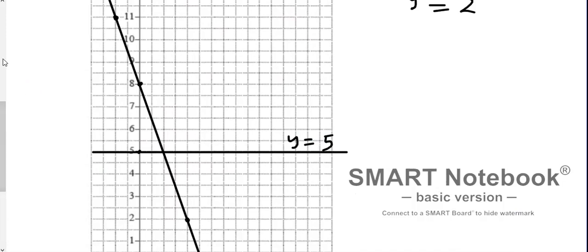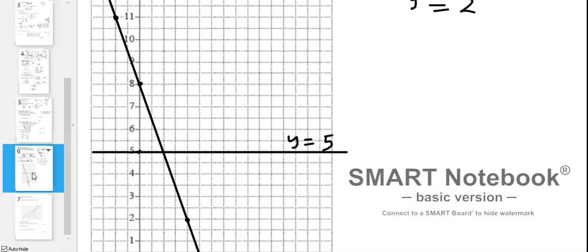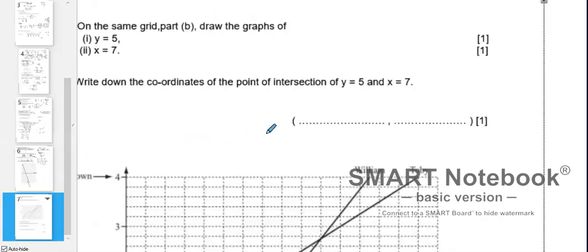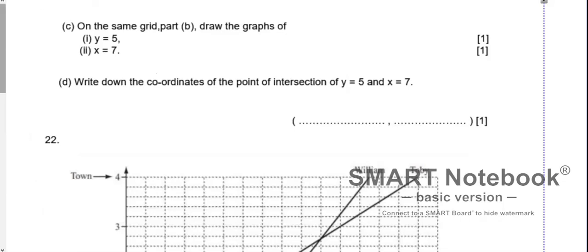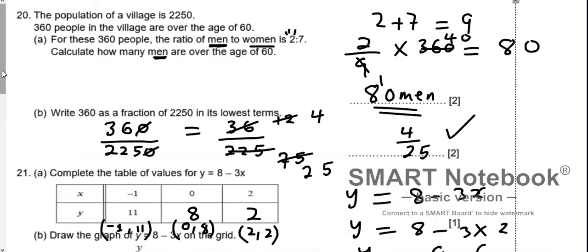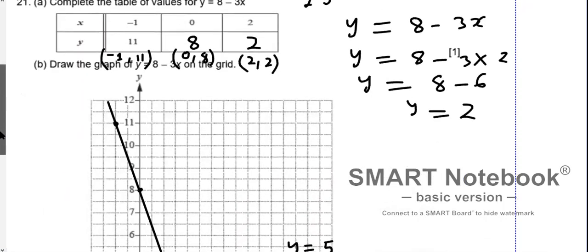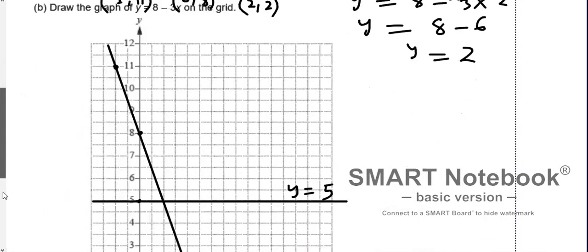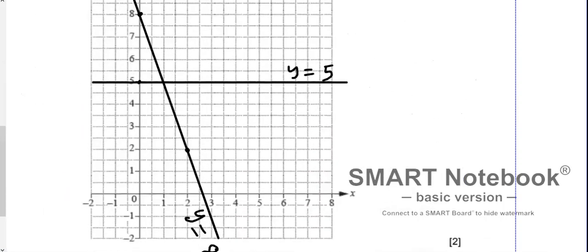Okay. Then the next one will be this one here. X equals 7. I'll put a dot where x equals 7. All right. So this is where x equals 7.